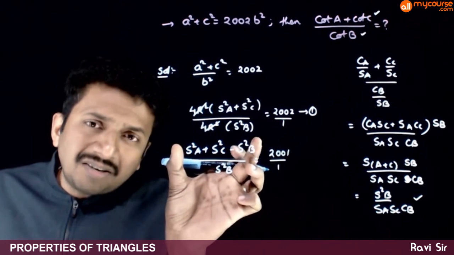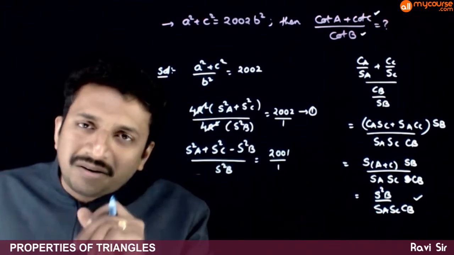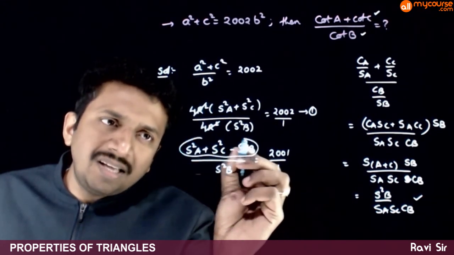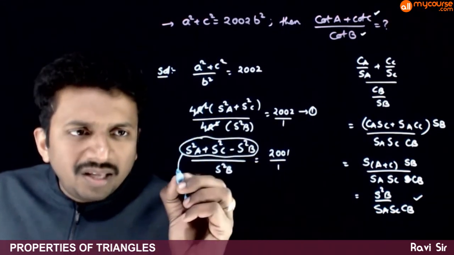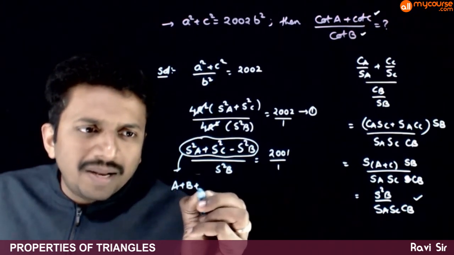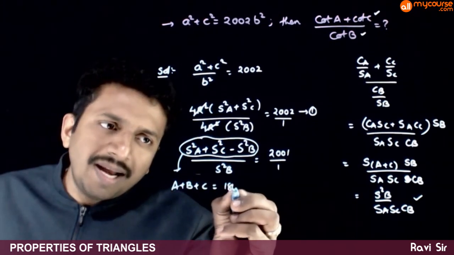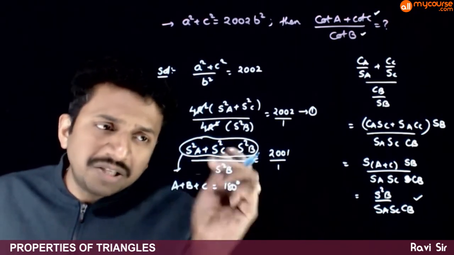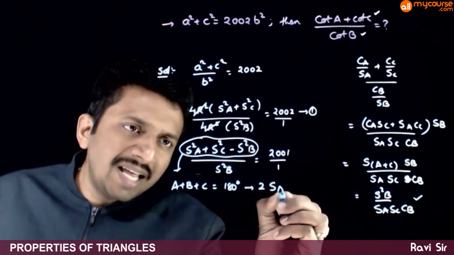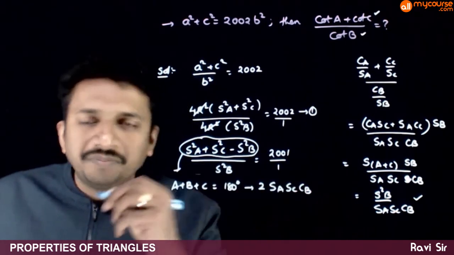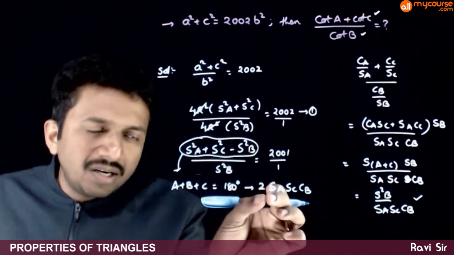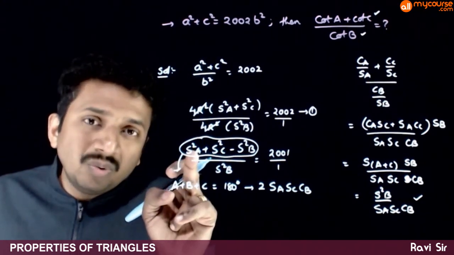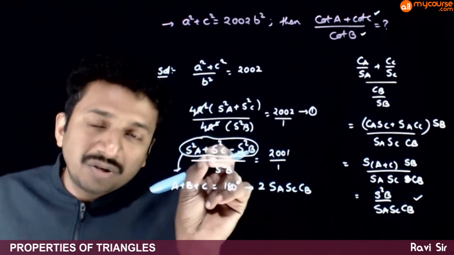Now let us try to examine this numerator. Sine square A plus sine square C minus sine square B, if A plus B plus C is equal to 180 degrees, you can simplify this expression to 2 sine A sine C cos B. So this is nothing but 2 sine A sine C cos B. We have seen how to simplify expressions of this type.